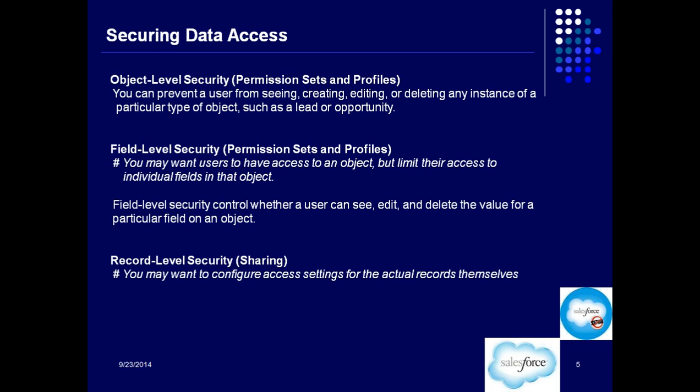So sometimes you do not want the users to access some of the records. Let's say you don't want me to access Abdul's records because we are two different people. He is working on his cases, I am working on my cases. So you don't want me to have access to Abdul's records. I have access to the cases object. I can see the cases object, but you don't want me to see those records that are not owned by me. Very much logical again.